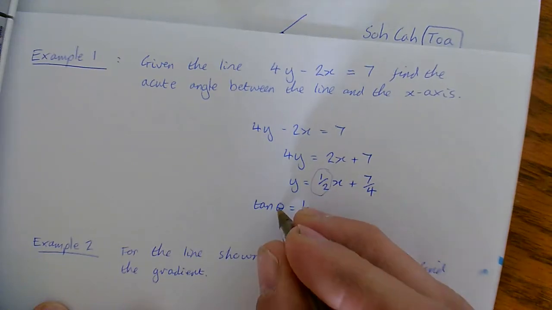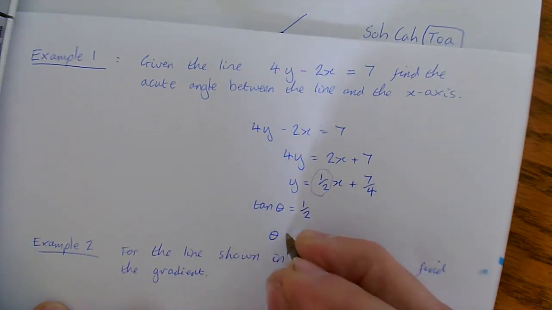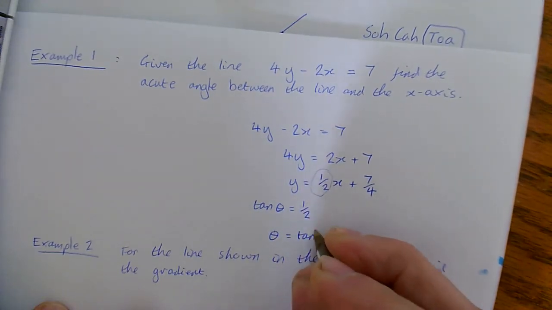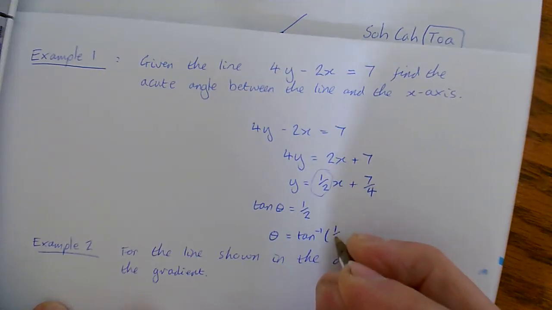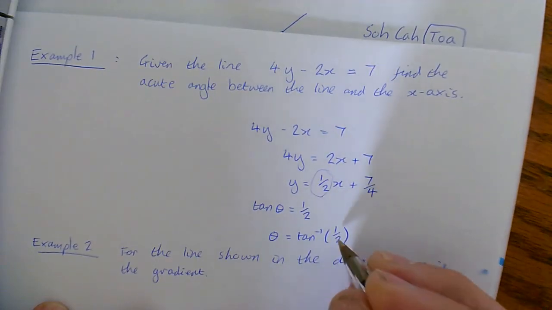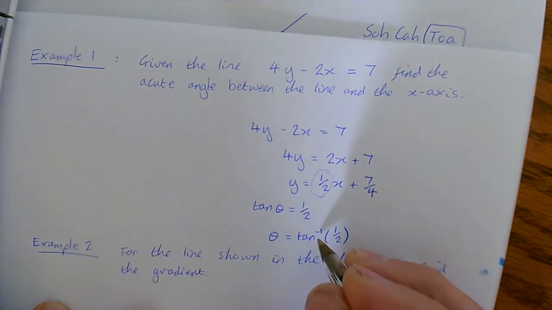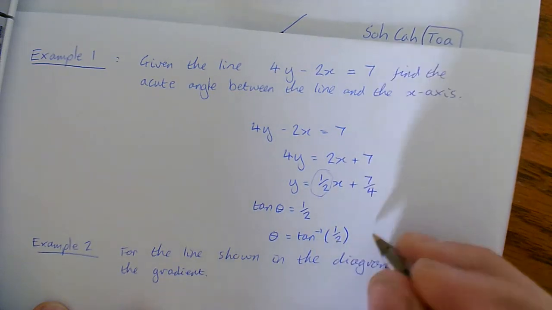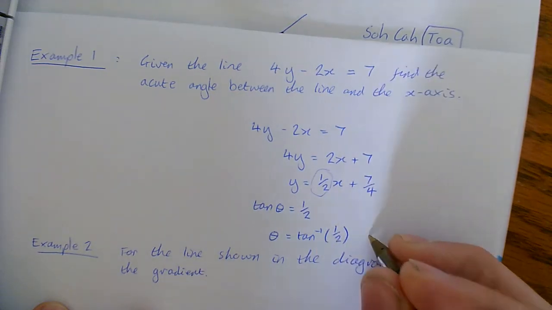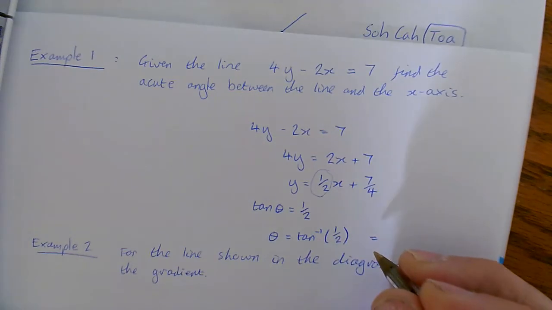We want to find out what that angle is, so we need to do the inverse tan. That's tan to the minus 1. Remember, you can find that on your calculator, just above the tan button. Now you're going to put tan to the minus 1 of a half in your calculator and find out what you get.